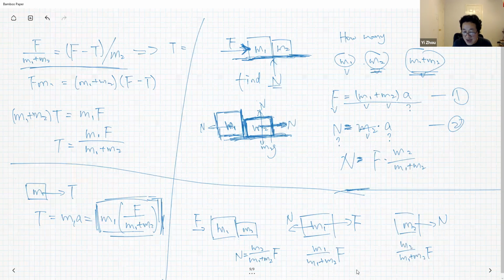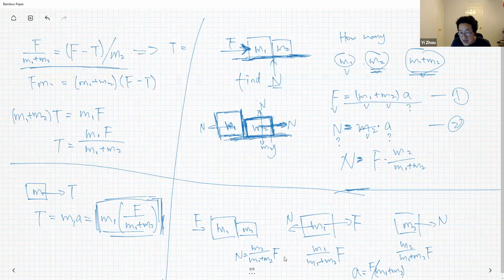So you can see the A is F divided by M1 plus M2. This A is the same for M1 and M2, and this acceleration times M1 will be the total force on M1. This acceleration times M2 will be the total force on M2. And if you add them together, it's just the total force.